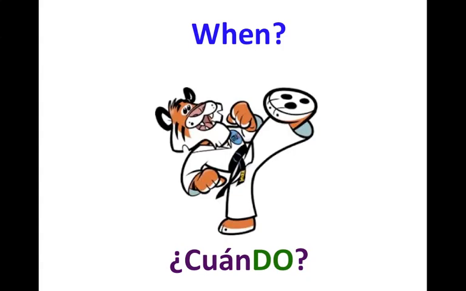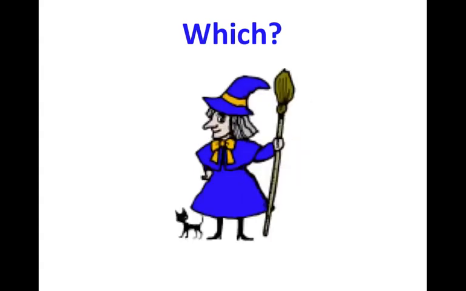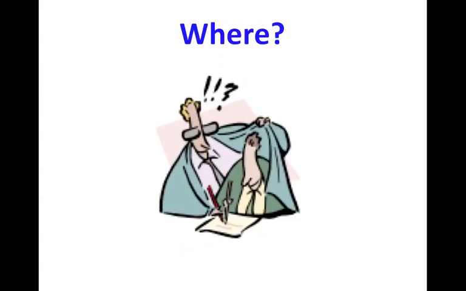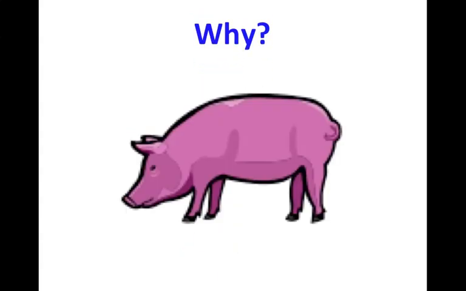When do you do taekwondo? ¿Cómo se dice who? ¿Quién? ¿Cómo se dice which? Which qual? ¿Cuál? ¿Cómo se dice where? ¿Dónde? Where does dawn hide day? ¿Cómo se dice what? ¿Qué? What is that K for? ¿Cómo se dice why? ¿Por qué? Why is Porky pink?